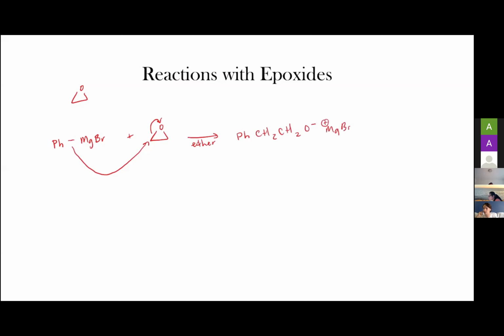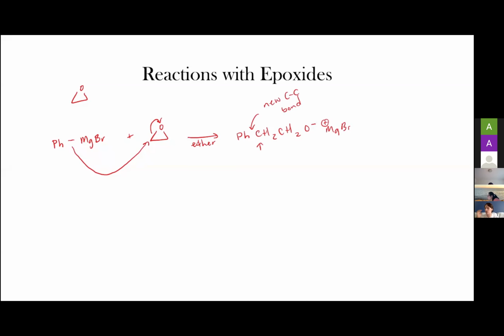If you'll notice that between the phenyl and the carbon, that was the new carbon right here, we've added a new carbon-carbon bond. And so that's important. Another way to use these reagents is to extend carbon chains.